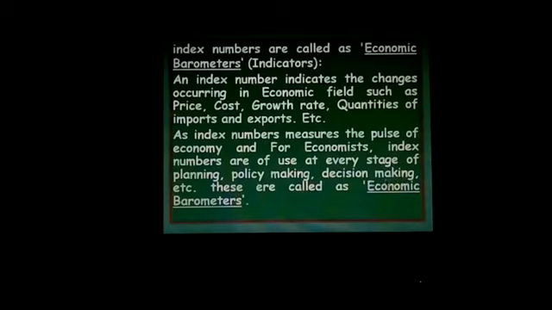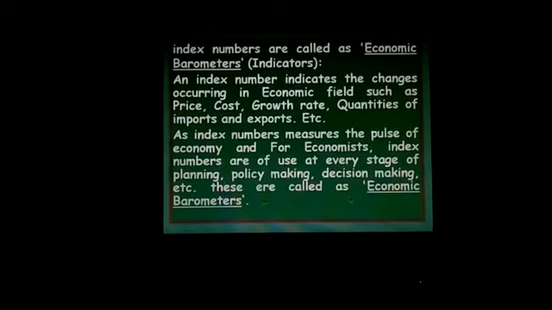Since index numbers deal with economic activities and relative changes based on economic activities, they will be of greater and greatest usage for economists in order to plan policy making and decision making.